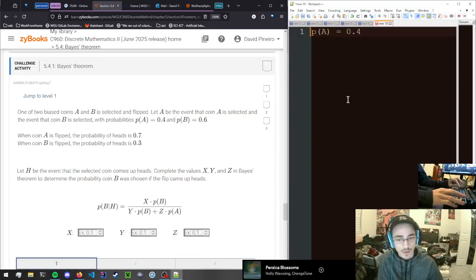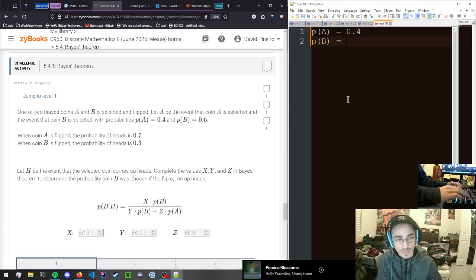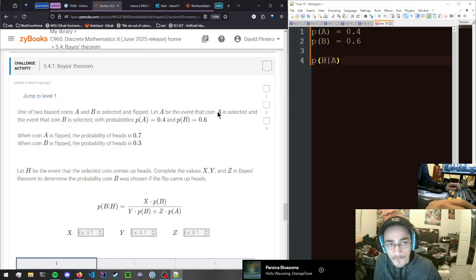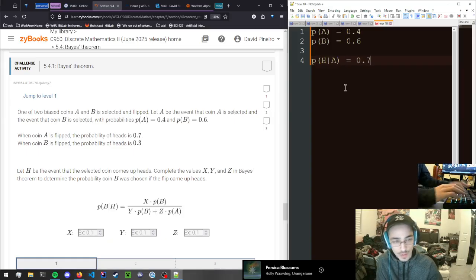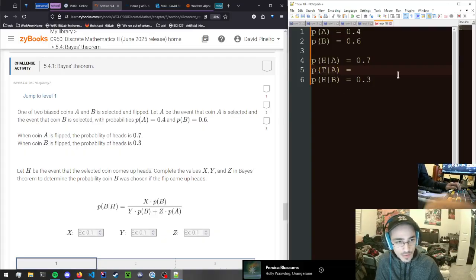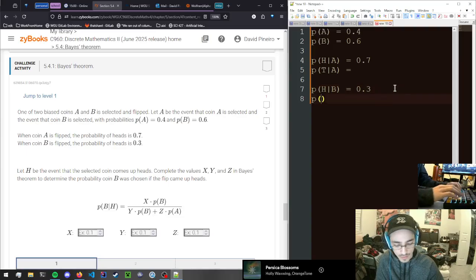So we got 0.4 for that. This is 0.6. So they're saying the probability of heads given A is 0.7. Probability of heads given B is 0.3. And we can infer what happens on tails, because tails is not heads. It's going to be 1 minus.